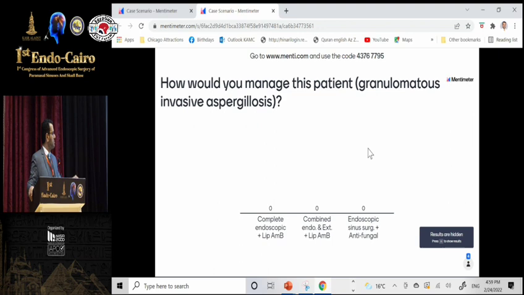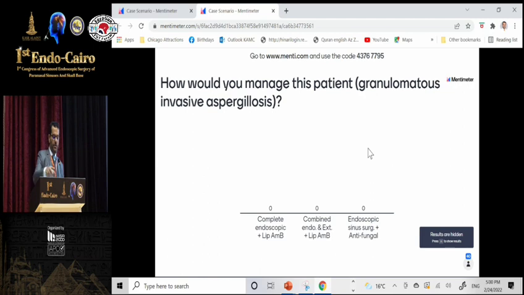So it's going to be complete endoscopic excision, or combined endoscopic and external, or endoscopic sinus surgery plus antifungal therapy, since it's difficult for you to address the intracranial part. So the first one is complete endoscopic.